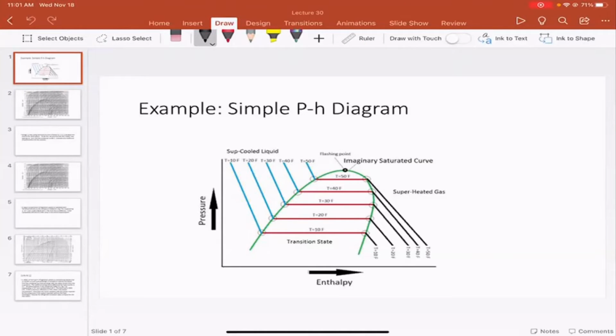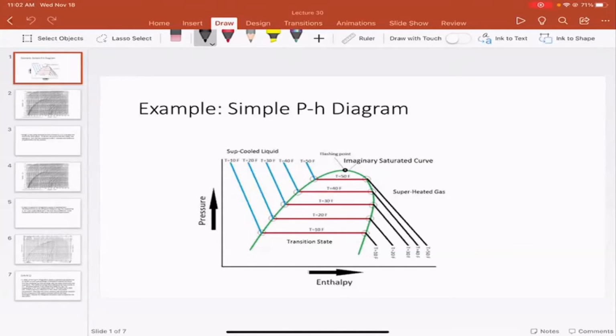Then at constant temperature, as you reduce the pressure, you increase the enthalpy, so you're still moving down and to the right here. This is a pretty simple example of a pH diagram.